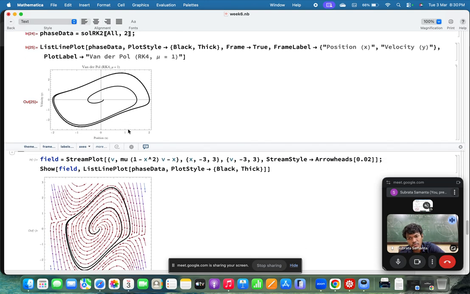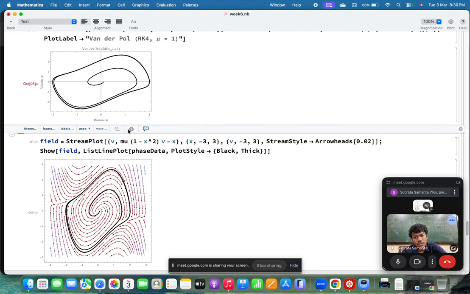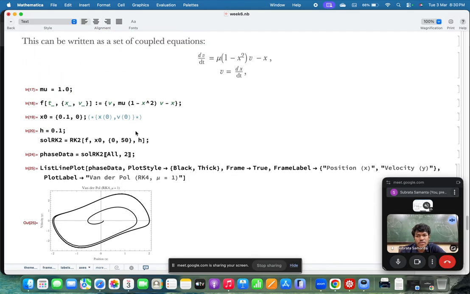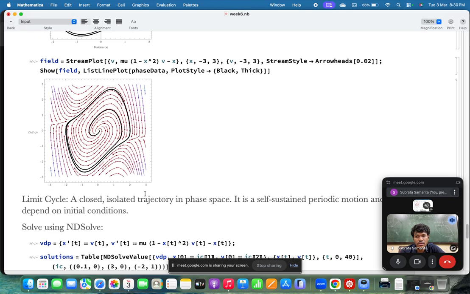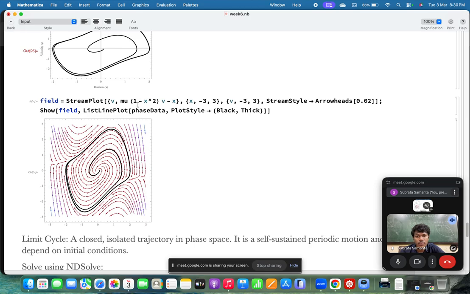I come to this point. If you also plot a streamline plot, you plot v in vector form. So I plot v, and this is my y axis: mu times (1 minus x squared) v minus x, and I plot x from minus 3 to 3 and v from minus 3 to 3.